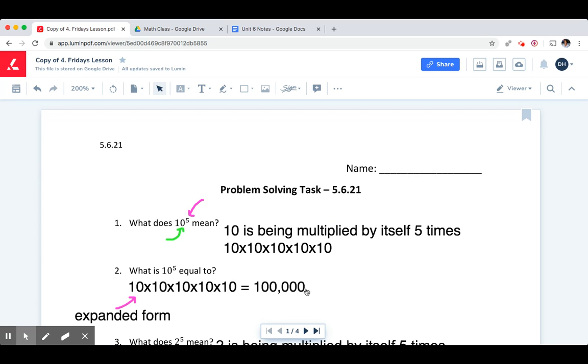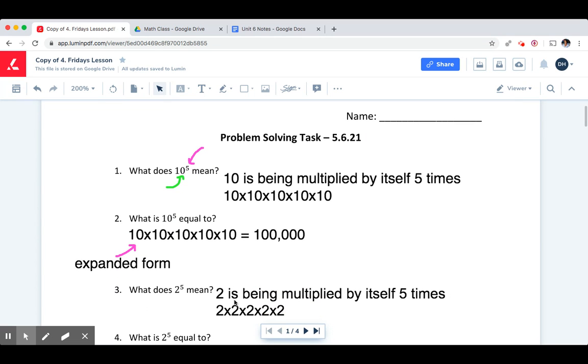Now we are going to use what we know about exponential form to apply it when our base is not 10. When our base is not 10, the same rules still apply. You still multiply your base by itself depending on the exponent. So for number 3, it says, what does 2 to the power of 5 mean? 2 is your base, and 5 is the exponent.